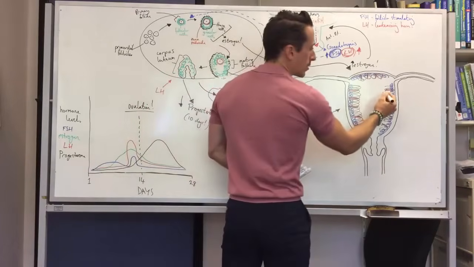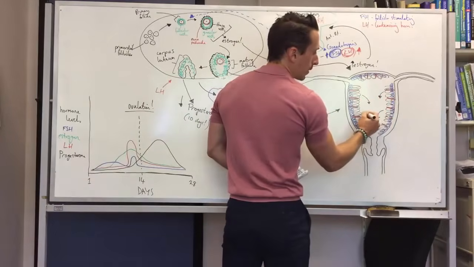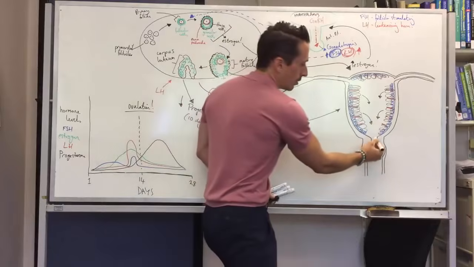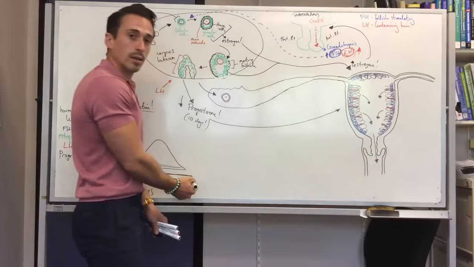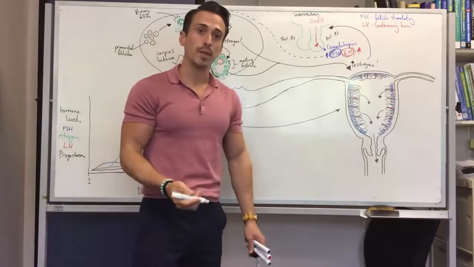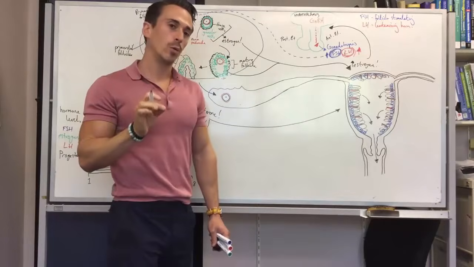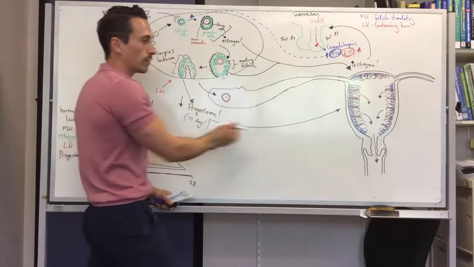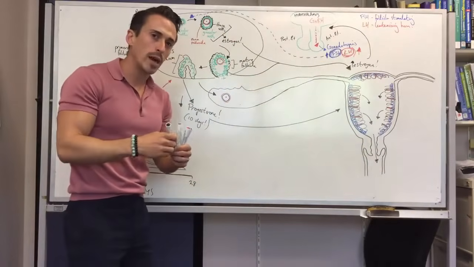That means it starts to fall away from the wall, and this highly vascularized tissue starts to bleed out at day 28. This is called menstruation. So if no fertilization occurs, no signal is sent, progesterone drops off, and menstruation occurs.